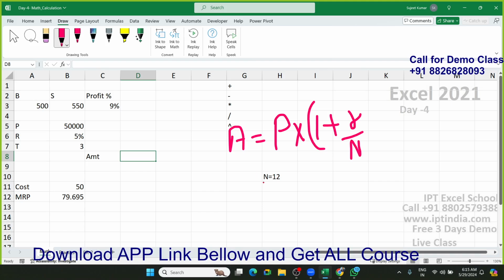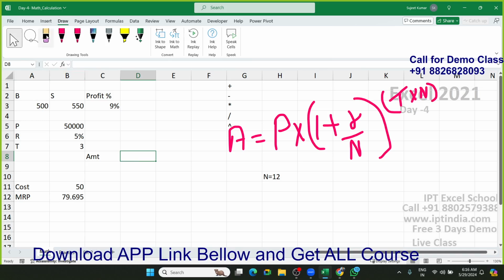I will mention here that N is 12. If you calculate quarterly, it will change the period according to your period. Then power of T multiplied by N. This is the mathematical equation. I want to solve this mathematical equation in the Excel cell.